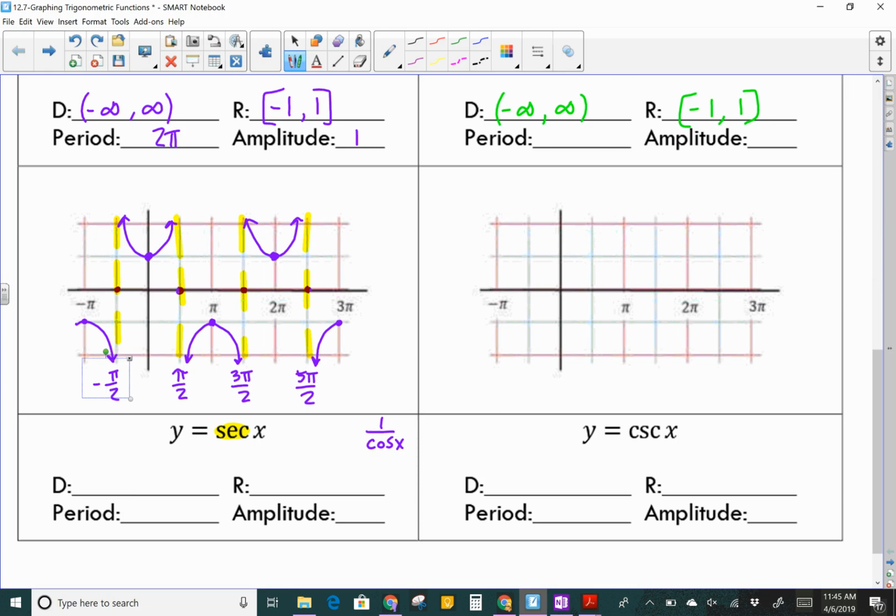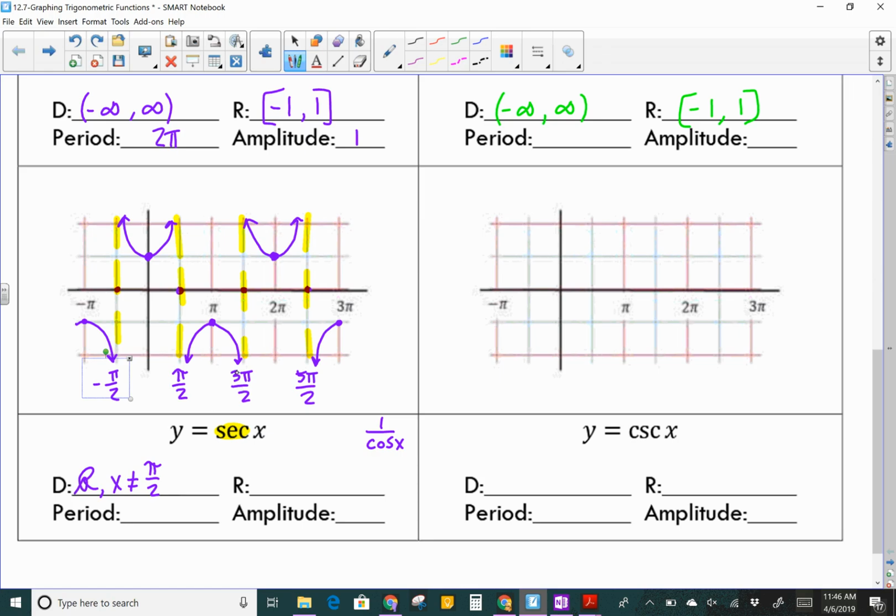So if I'm trying to name those, we're going to say it's all real numbers, except x cannot be. Now, if it starts on 0, pretty easy, but it doesn't start on 0. We're going to act like it starts at pi over 2. Really doesn't matter which one of these I start with. But then you need to figure out how far apart they are.